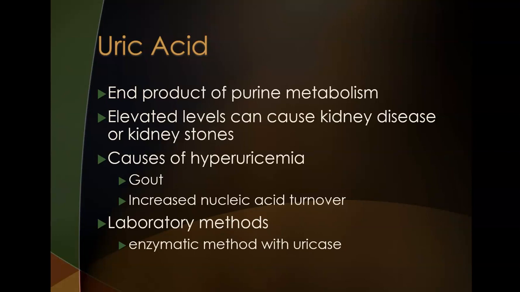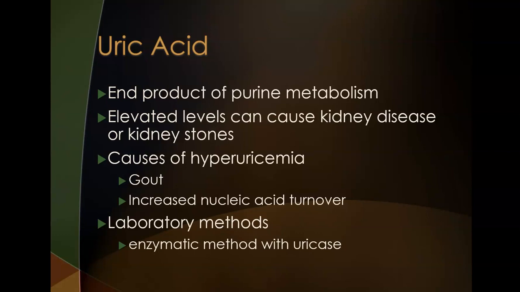All right, uric acid is the end product of purine metabolism. Purines are part of your DNA and RNA. So the more DNA, RNA turnover you have, the higher your uric acid is going to be. Elevated levels can cause kidney disease or kidney stones because the crystals can damage the kidneys, and of course then crystallize and cause stones.